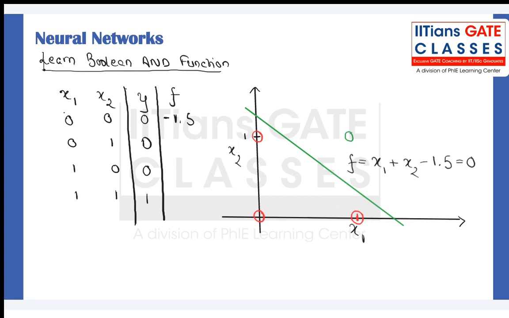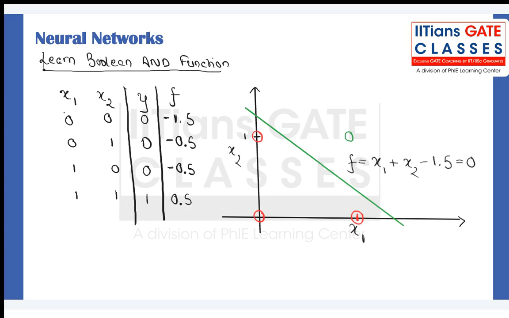Minus 0.5, correct. Next one, minus 0.5. Last one, if x1 is 1, x2 is 1. 0.5.